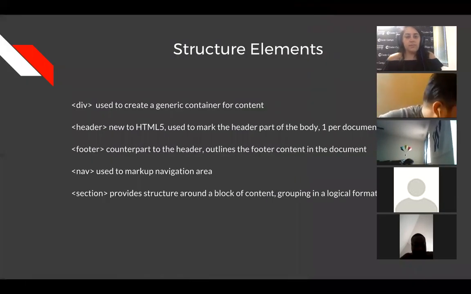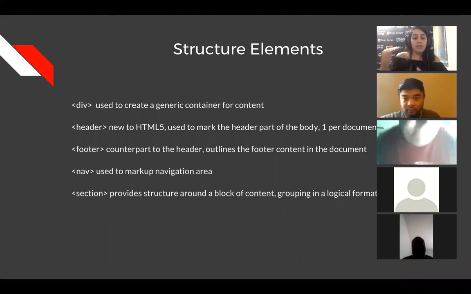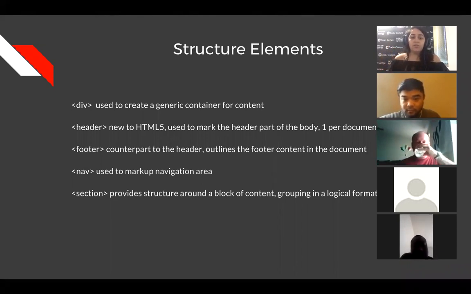All right, we'll continue. So next we'll go ahead and discuss structure elements. These are the elements that you put inside those body tags that I was talking about. So we have div, which is used to create a generic container for content. Essentially, visually, you can't see anything with the div, but what it does is it divides the page.